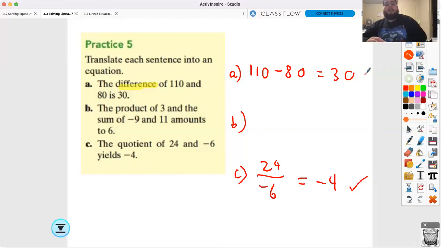That's correct. A and C are correct. Someone should take a stab at B, guys. Somebody, the product of 3 and the sum of -9 and 11 amounts to 6.